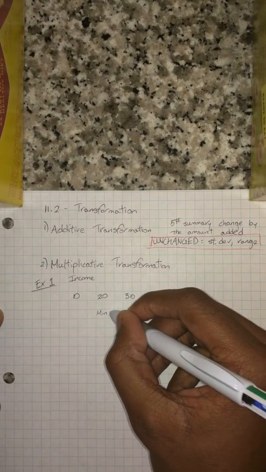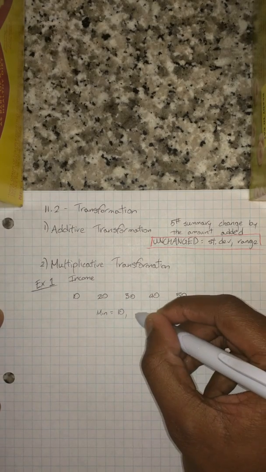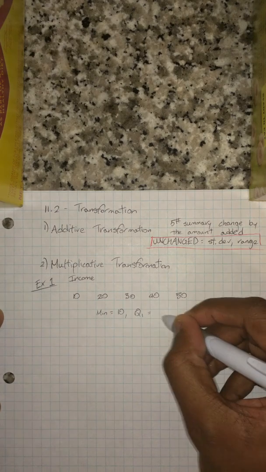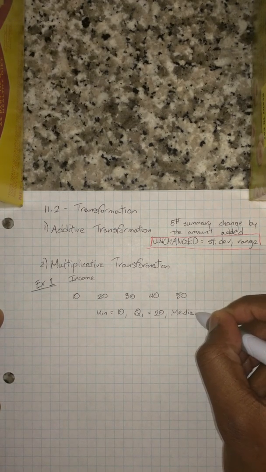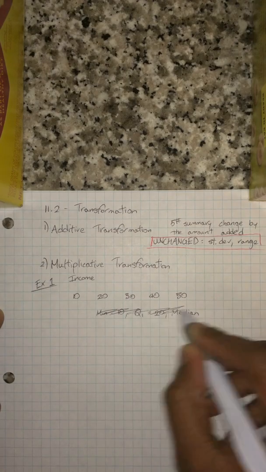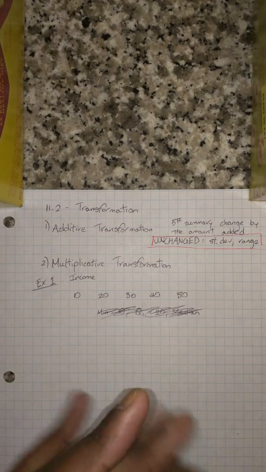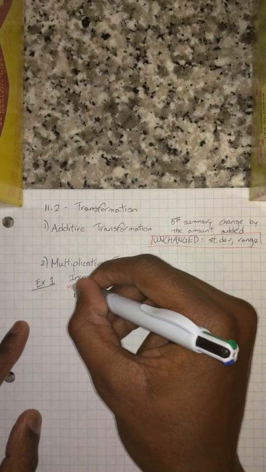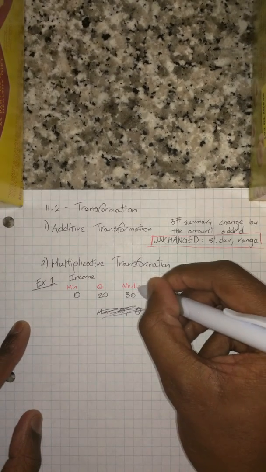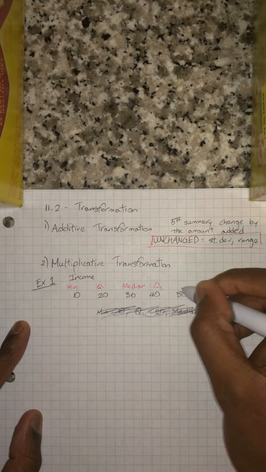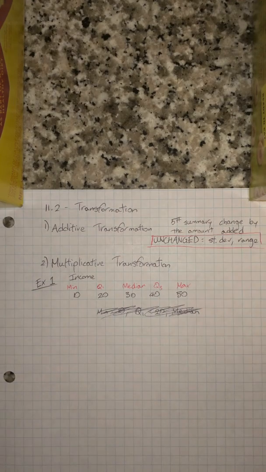Min is 10. Q1 is 20. Median is 30. And in fact, I can just erase this and write it out above it, to save ourselves some time. So this is our min, this is my Q1, this is my median, this is my Q3, and that's my max. These are things we already know.